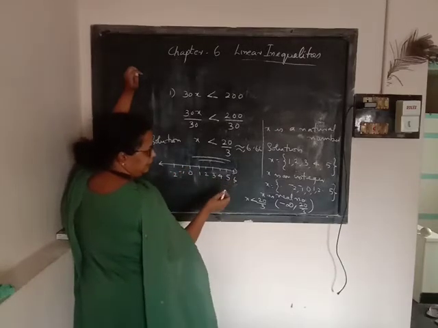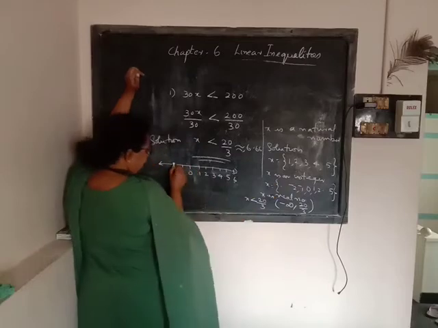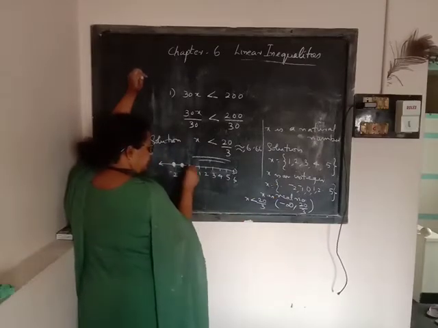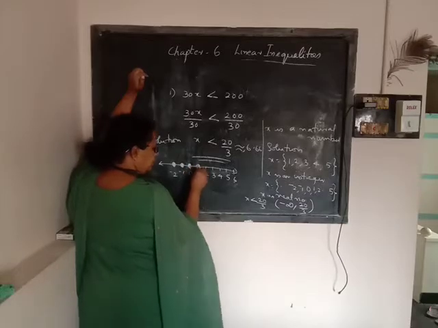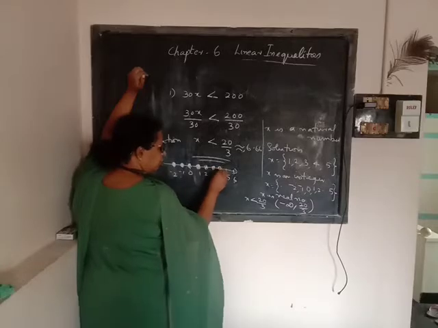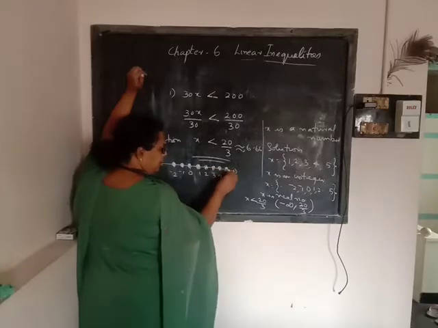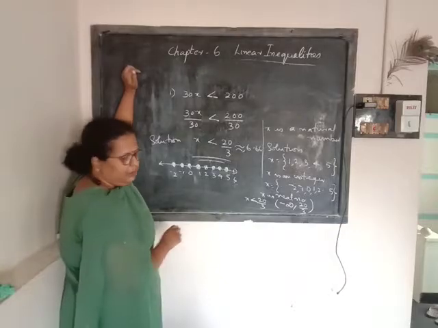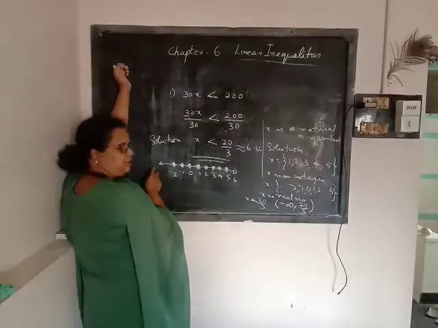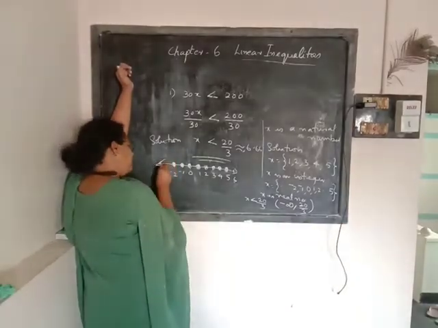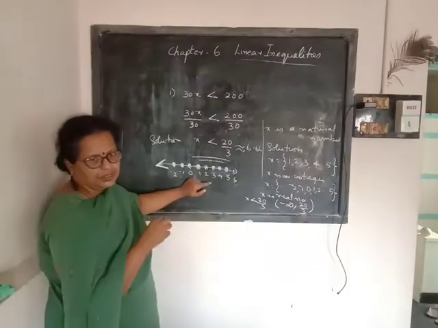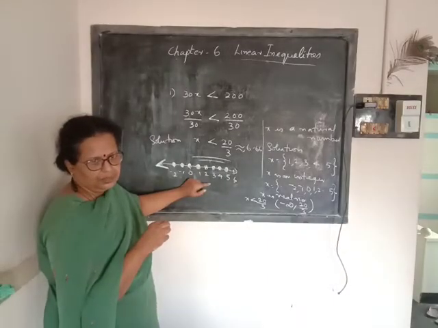I will darken these spots: -2, -1, 0, 1, 2, 3, 4, 5. I don't have to darken 6 because 6 is not included. But to this side it will go on, so I should darken this arrow.